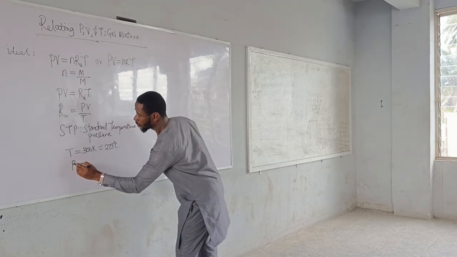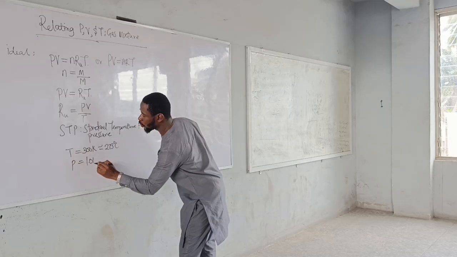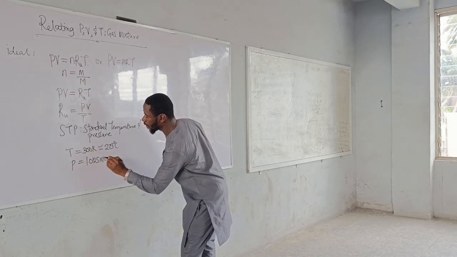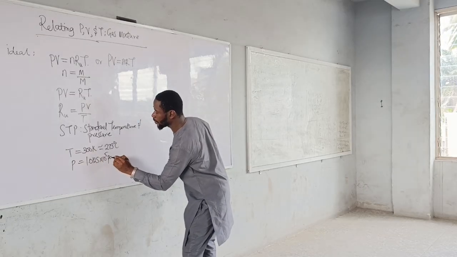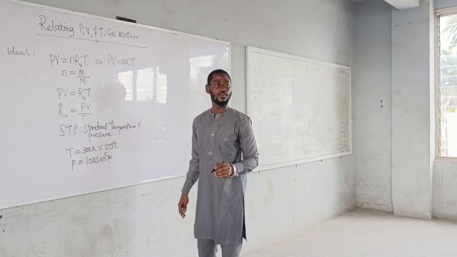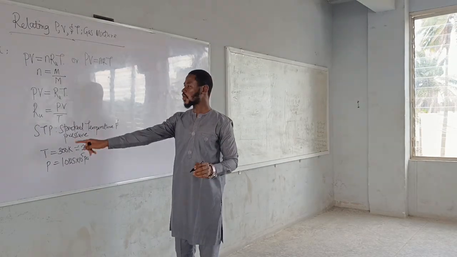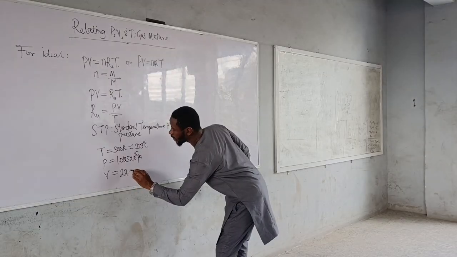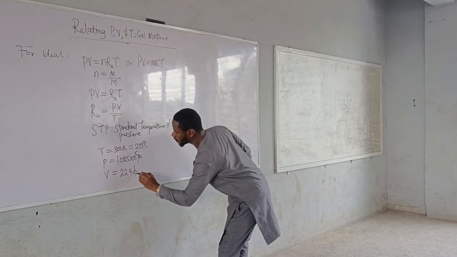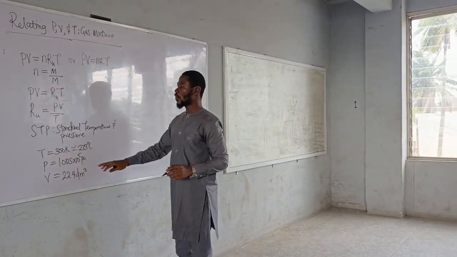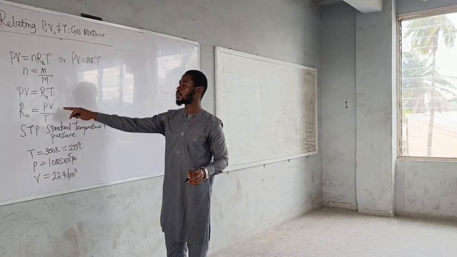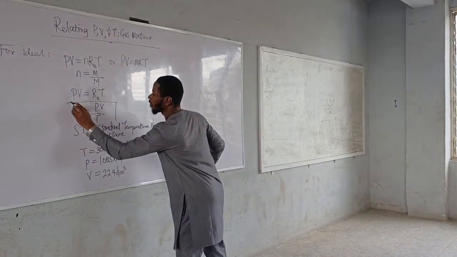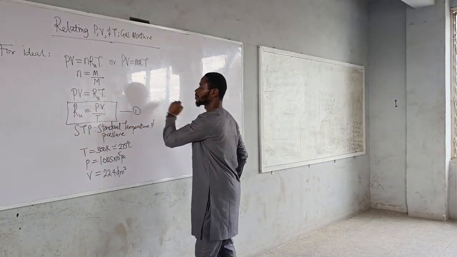For pressure, it is 1.0125 times 10 raised to the power of 5 Pascal. Then the volume is 22.4 cubic metres per kilomole. So when we substitute these three values into this expression, let's name it equation 1.